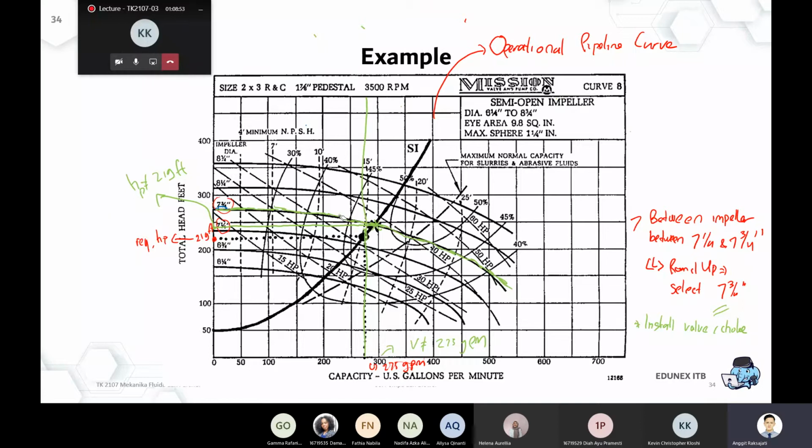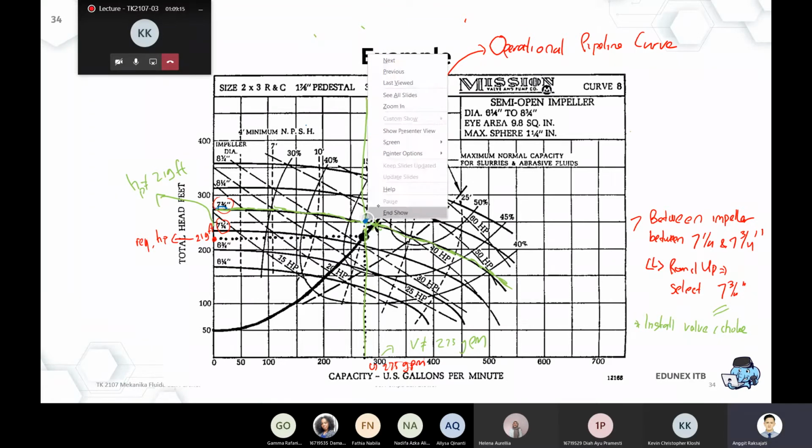And at the same time, you're being forced to use the 7¾ impeller diameter. So find the intersection. Now this is the new intersection.